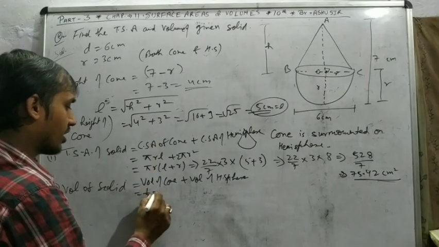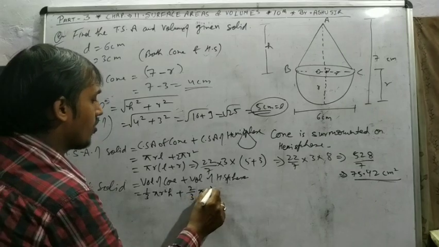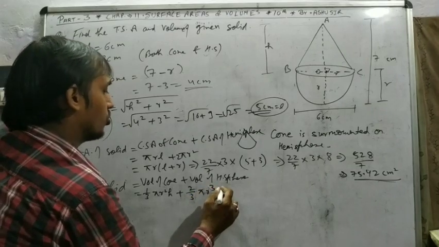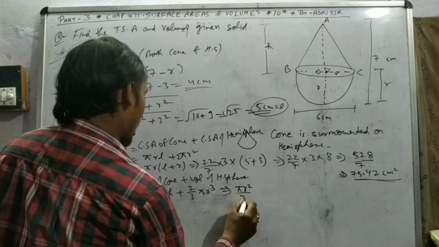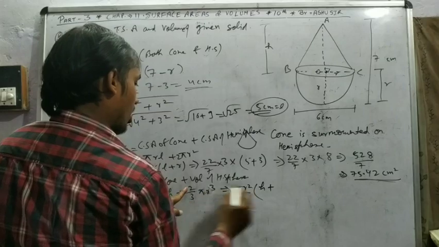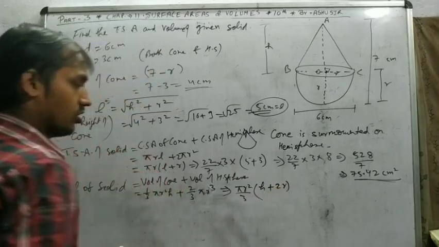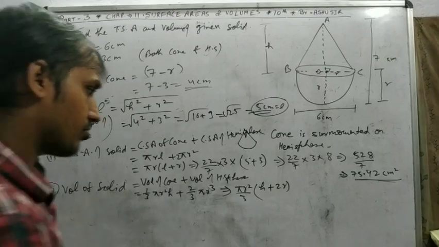So cone 1 by 3 pi r square h, hemisphere 2 by 3 pi r cube. So pi r square by 3 common. Here h remains and here 2r remains. We take the common for the simple solution.